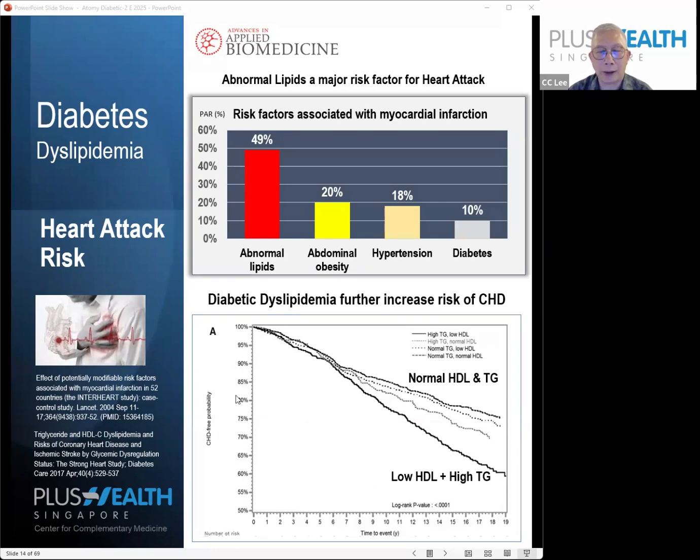You can see that the coronary heart disease free probability dropped the most, which means the diabetic patient with this lipid disorder condition generally has the highest risk of suffering from coronary heart disease compared with other types of lipid disorder.